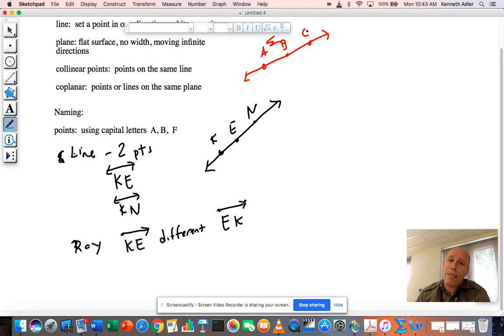Once again, the first ray starts at K and moves in the direction of E. Ray EK starts at E and moves in the direction of K. Once again, these are opposite rays.